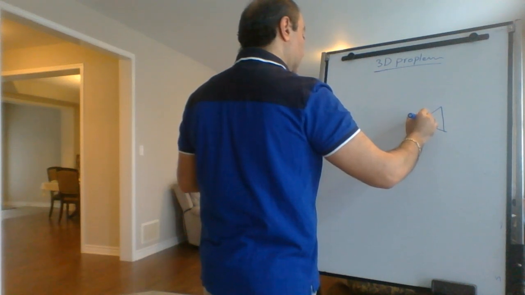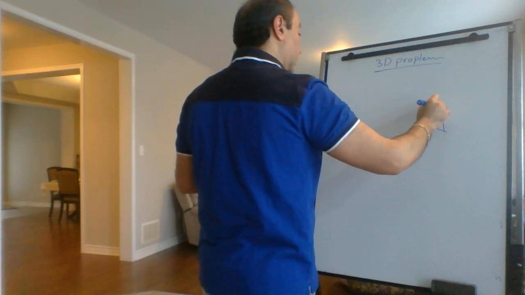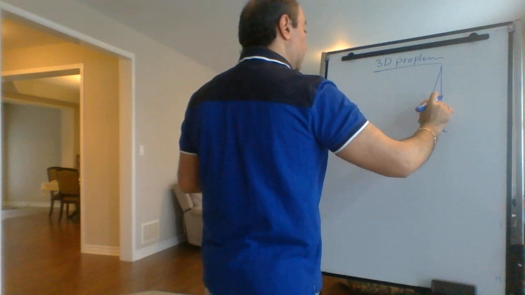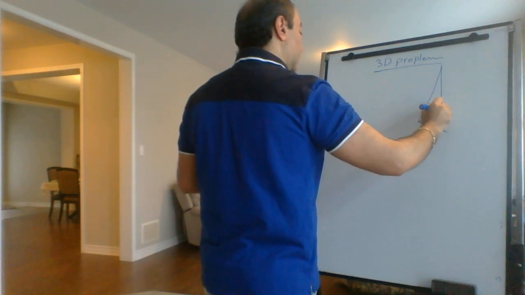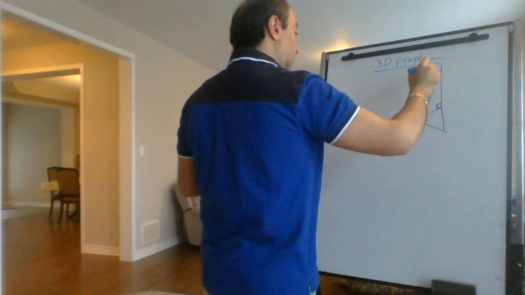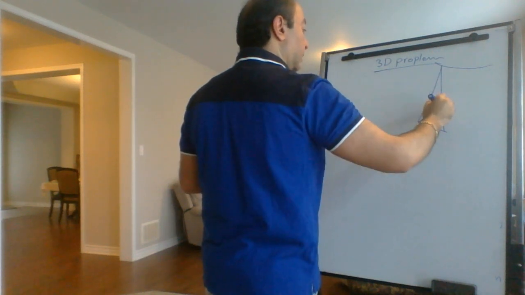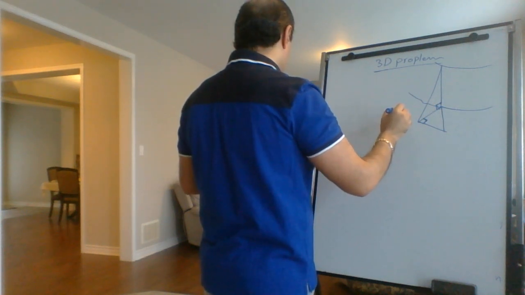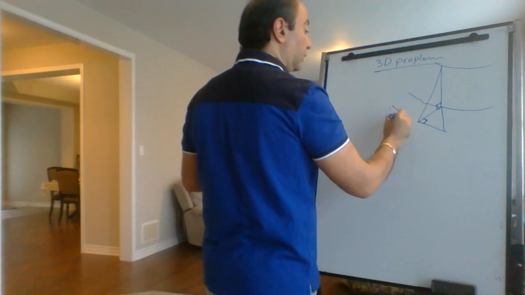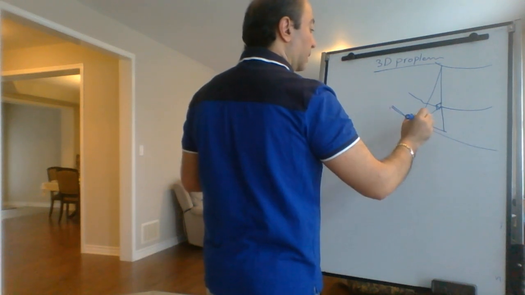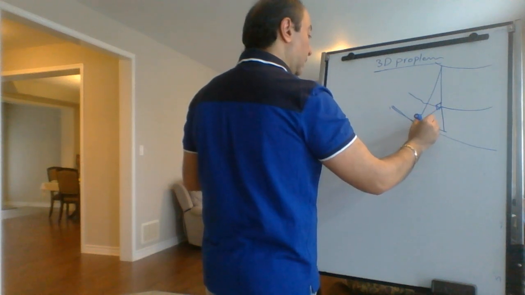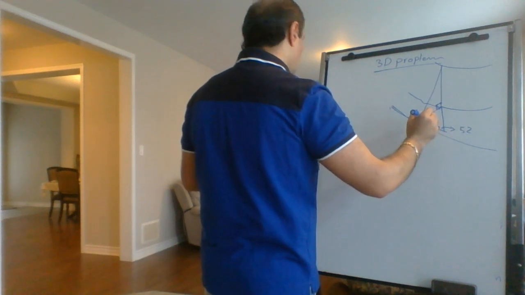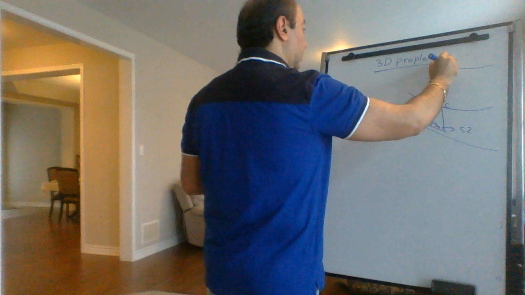This angle is 90 degrees. It is on the ground, and there is another triangle. This is a 90 degree angle. Okay, this is 3D. Like you have here a cliff or something, and there is like a road here or some other thing. So this is 75 meters, and this angle is 52, and we need to find the height of this cliff.